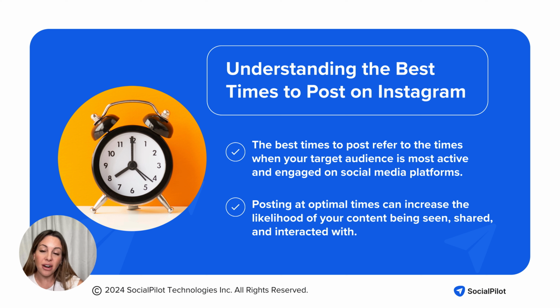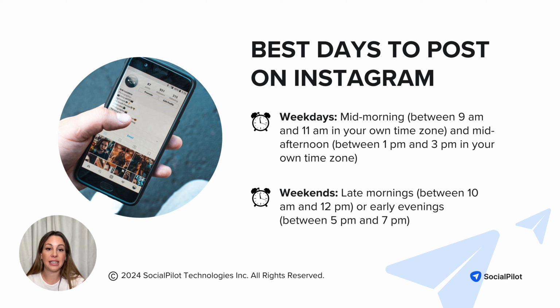So here are some general suggestions for you guys to post on social media, along with a real life example from a global brand. So weekday versus weekend. This is something that we need to understand. These are going to be different between the two. So weekdays, aim to post during peak activity times.